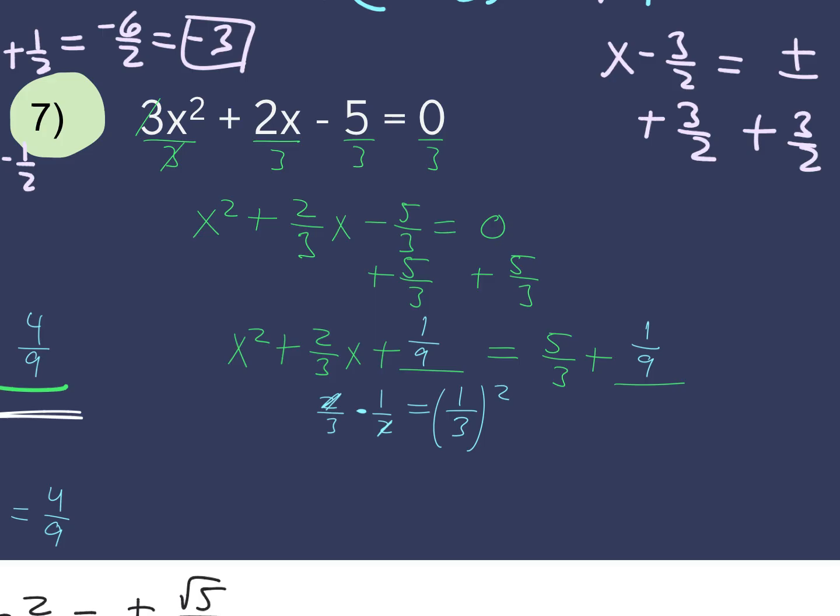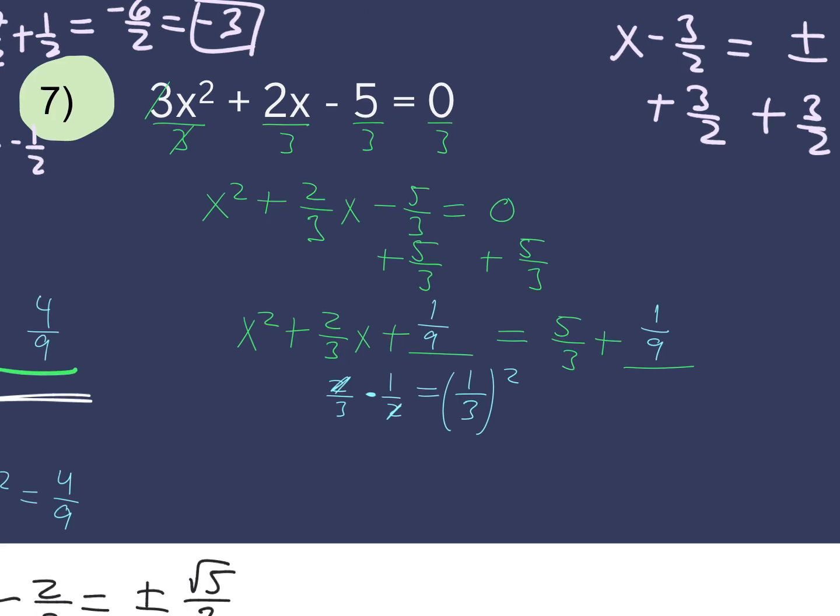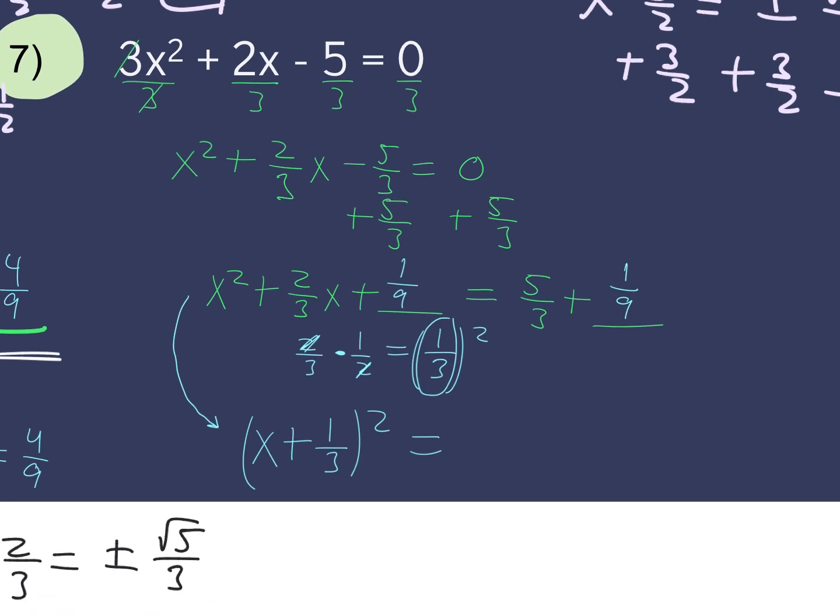And then this is going to factor as a perfect square trinomial. Again, don't try to find factors of 1/9 that add to 2/3. It's always going to be 1/3, right? So it's going to be x plus 1/3 squared equals, and then 5/3 plus 1/9. How can I add those?